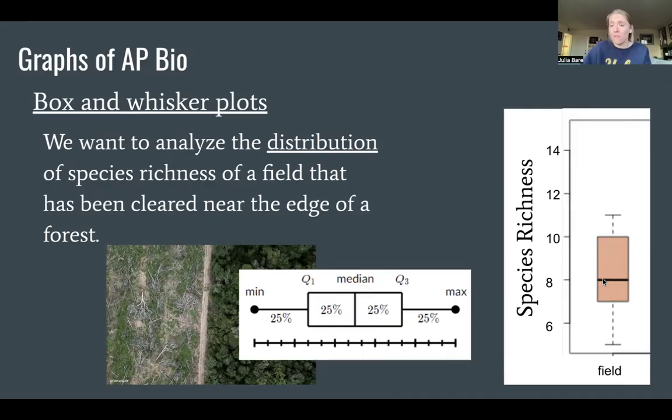Now, 50% of the fields that you surveyed fell within 7 to 10 species. That's what the box represents. It represents 50% of your data, meaning 50% of the fields surveyed, right?